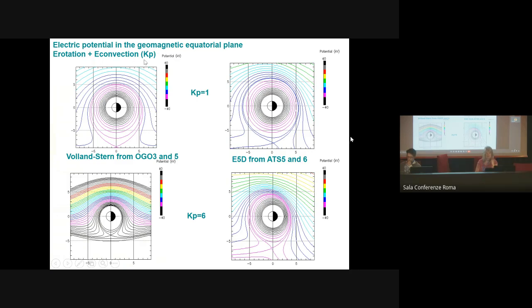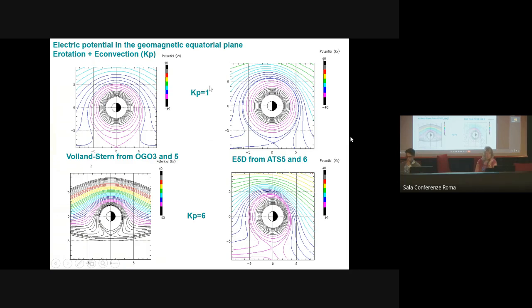There are different models that can exist and that are Kp dependent, dependent again on the geomagnetic activity. Here I show you two different models. On the left, you have Volland-Stern, obtained from observations from the OGO 3 and 5 satellites, for instance. And on the right, you have E5D, obtained from the ATS 5 and ATS 6 satellites.